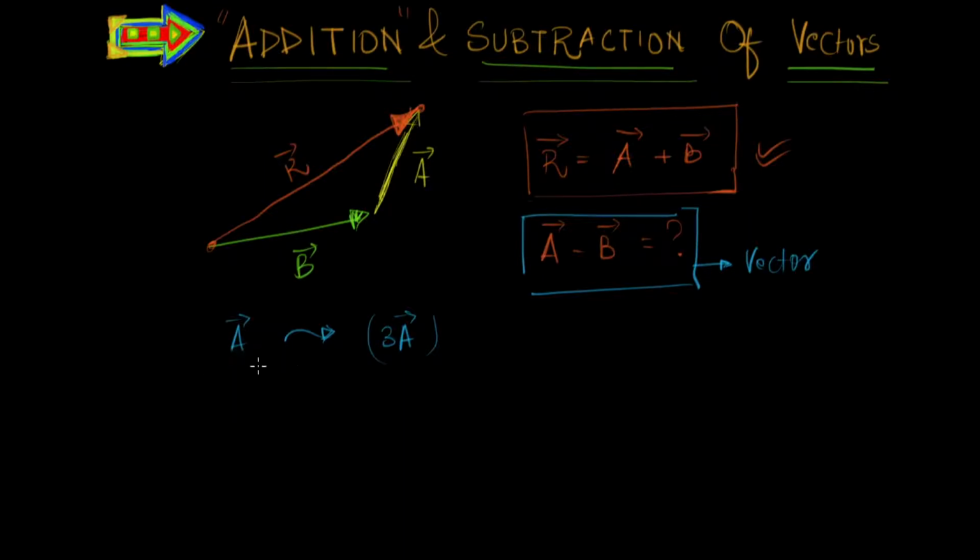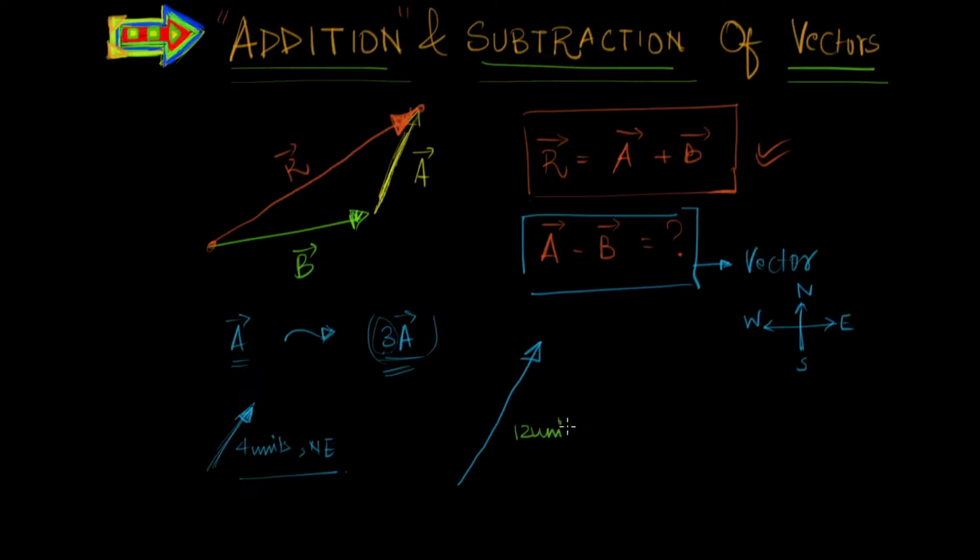The only difference between these two vectors, A and some constant 3 multiplied by A, is that if this were our A vector of a length of, say, 4 units and pointing in the northeast direction, again, you have your map in this manner, so this is east, this is north, south, and the remaining west. Then 3 times A is also another vector of length 3 times that of A. So this would be 3 times 4, and 3 times 4 is 12. So the length of this vector would be 12 units, but it will still point in the northeast direction.